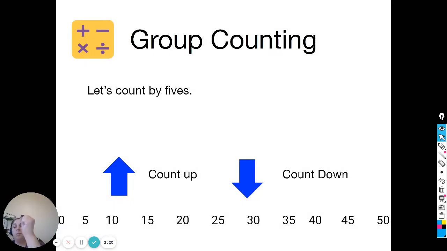Let's go ahead and skip count by fives. Ready? 5, 10, 15, 20, 25, 30, 35, 40, 45, 50, back down, 45, 40, 35, 30, 25, 20, 15, 10, 5, 0.